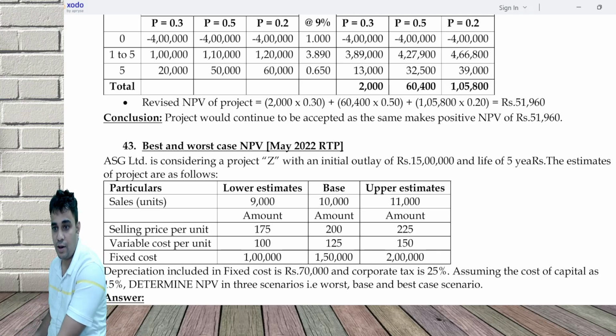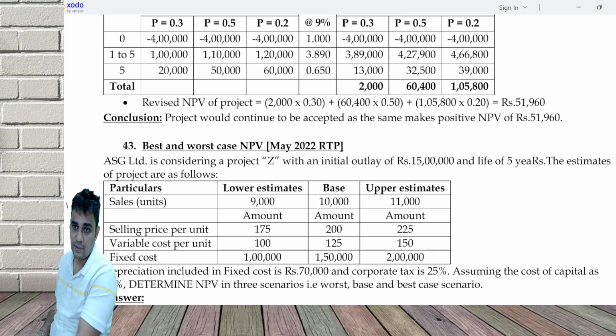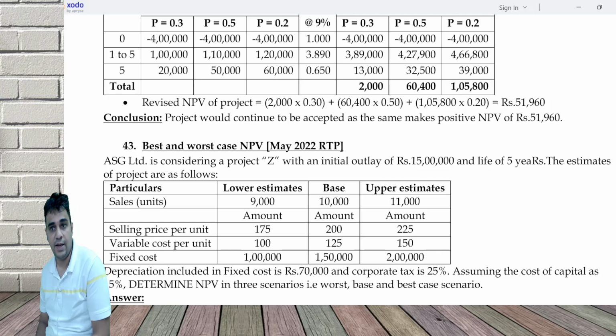Do the calculation, not just the calculator work. Start writing it. Revenues less variable cost, less fixed cost, less depreciation, PBT, do all that.